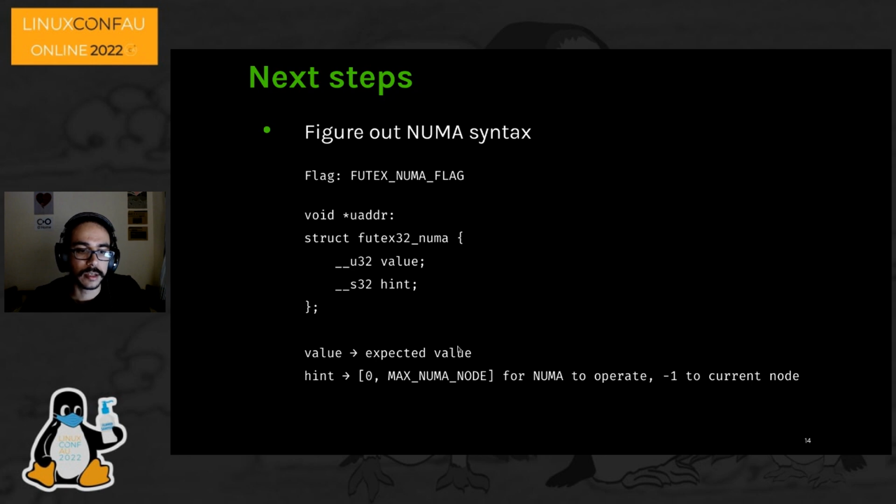So the value is just the expected value of the futex, and the hint can be from 0 to the max NUMA node, so you can specify which NUMA node you want to operate on, or you can use just -1 to say that you want to operate on the current node. But we're not sure yet if this makes sense for the NUMA applications, the NUMA vendors. So this is a research step that I am doing right now, talking to people that need this use case to figure out if this is really a match for what they are looking for.